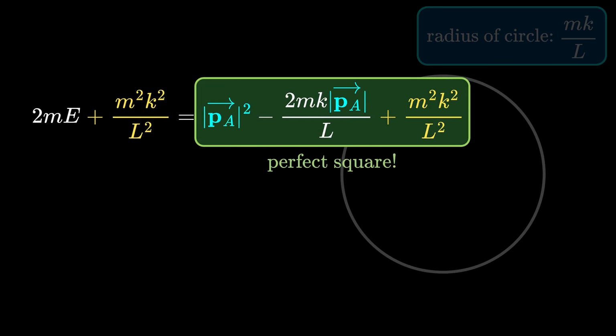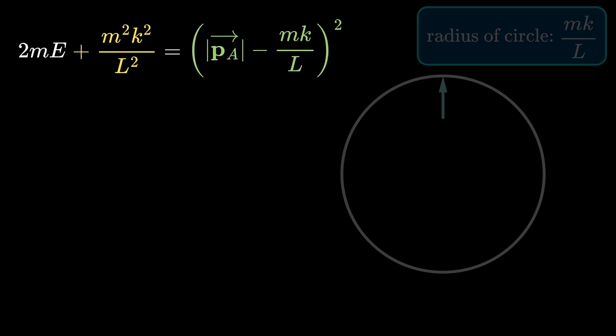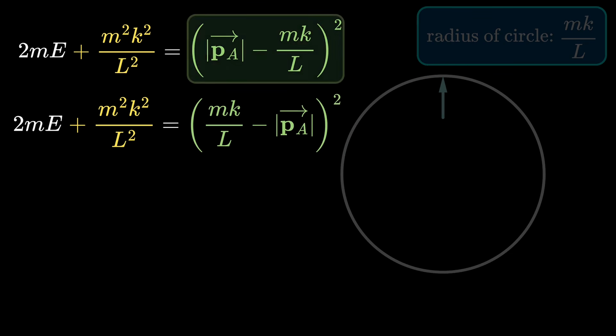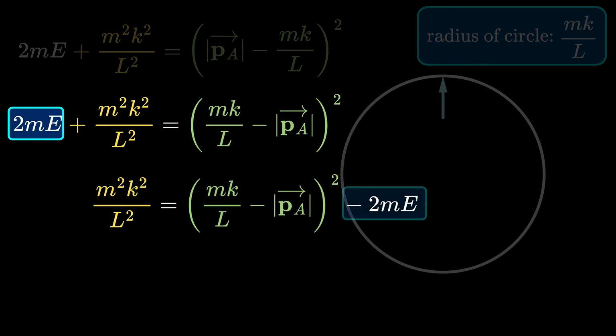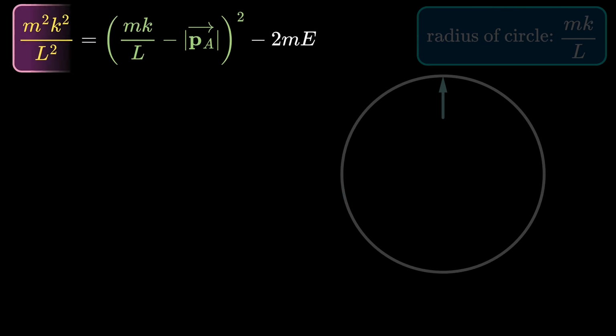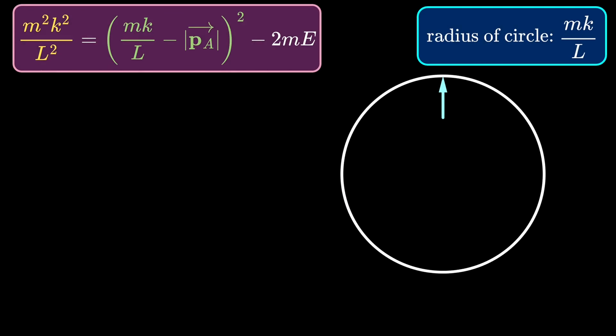Specifically, it is the square of PA minus mk over L. Two final touches on this expression. The first one is just swapping the order of subtraction within the square, which doesn't change the value, and the second one is to move 2mE onto the other side. Phew, that was some work, but hopefully each step has been tiny.